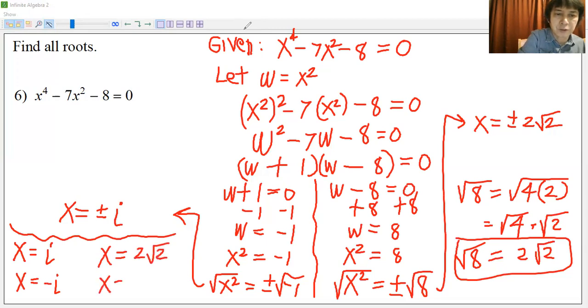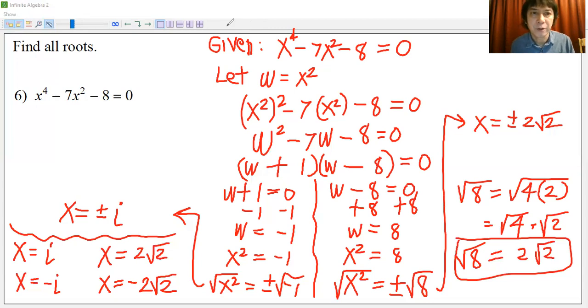And x is also negative 2 square root of 2. There, we have 4. It's a 4th degree equation, so expect four roots, either real numbers or complex numbers with imaginary parts. And so these are the roots for the equation for number 6.